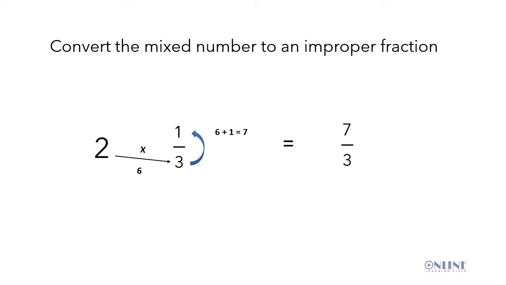This will give us 6. The second step is to add the result of the multiplication, which is 6, to the numerator 1. The addition will give us 7. The last step is to divide the 7 by 3, which is the denominator of the fraction. We have converted 2 1/3 to the improper fraction 7/3.